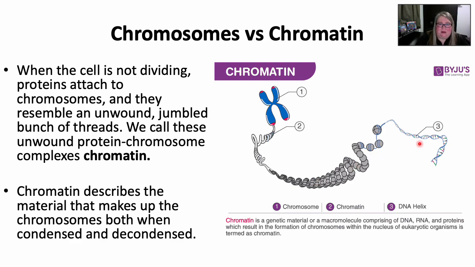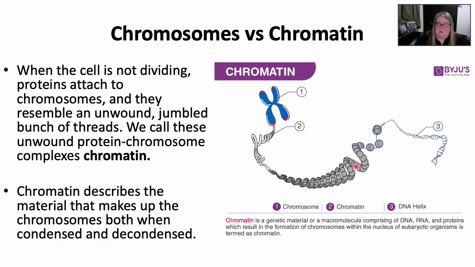So chromatin is where we take our double helix DNA and we wrap it around these proteins called histones. Sometimes we call it beads on a string because of how the DNA winds around these proteins. So this is what chromatin is.